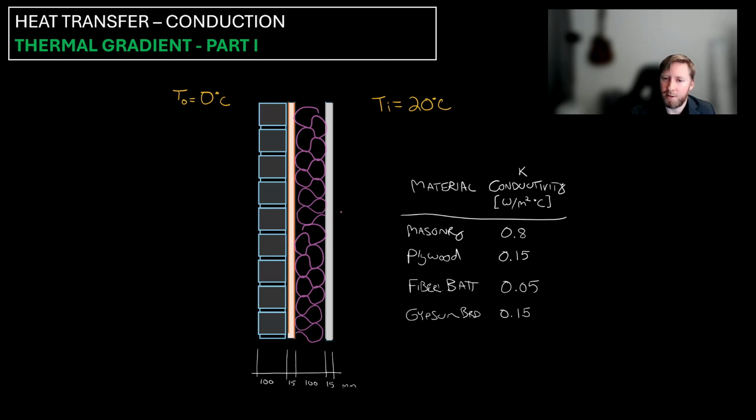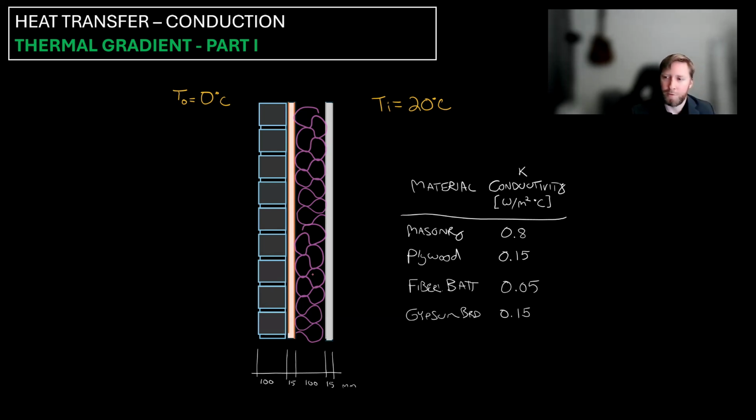Essentially that is the temperature we can expect all these different components to be at in a given steady state condition. For instance, if it's 0 degrees outside and stays 0 for an extended period of time, we'll be able to figure out the temperature of each layer and even everything in between.